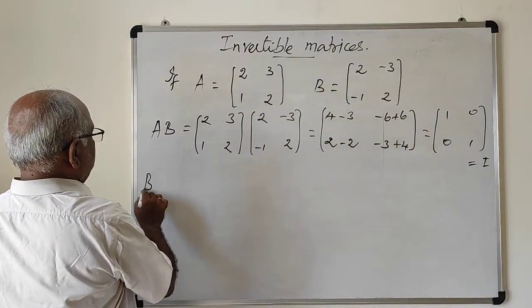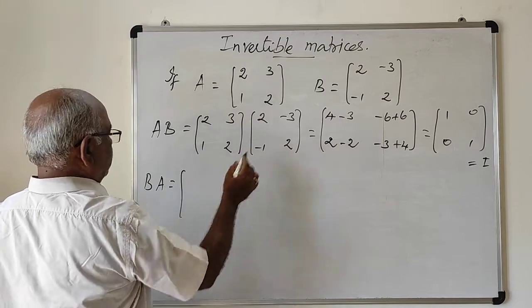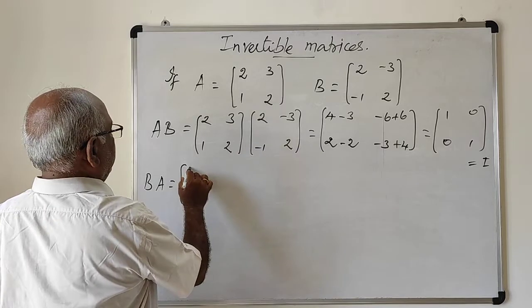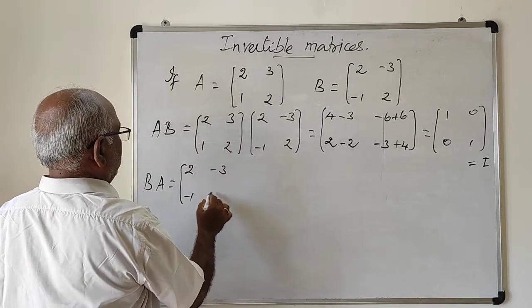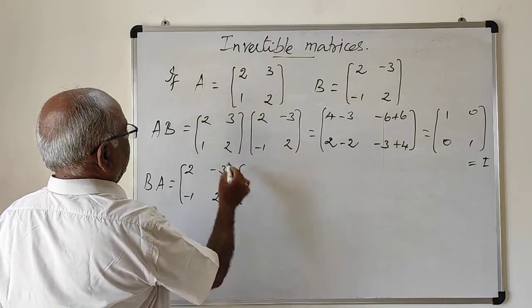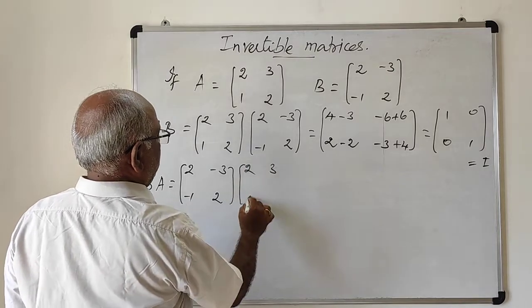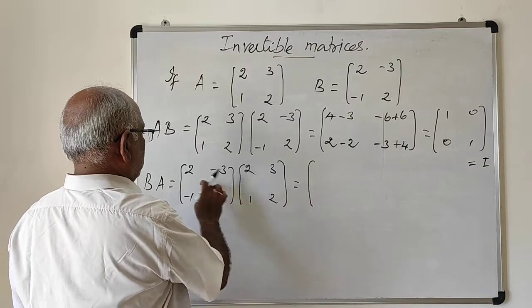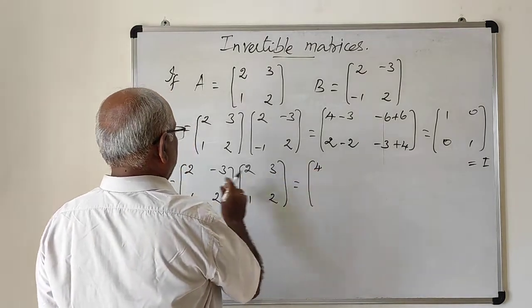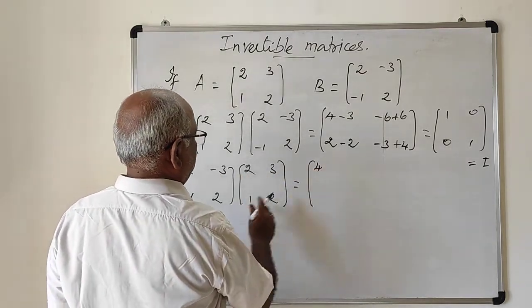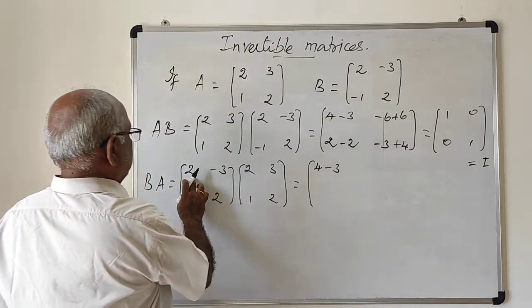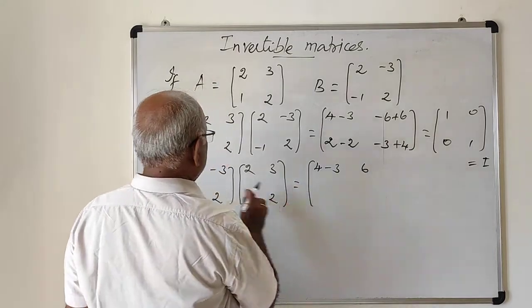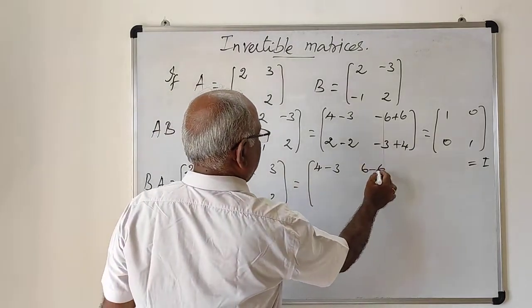Similarly, what is BA? We will see. By definition, I am checking the definition. B is 2, minus 3, minus 1, 2 and A is 2, 3, 1, 2. First row, first column: 2 twos are 4, and minus 3 into 1 is minus 3. First row, second column: 2 into 3 is 6, and minus 3 into 2 is minus 6.